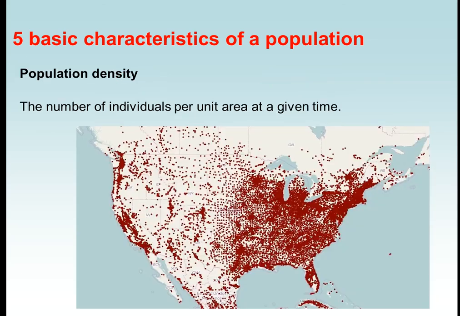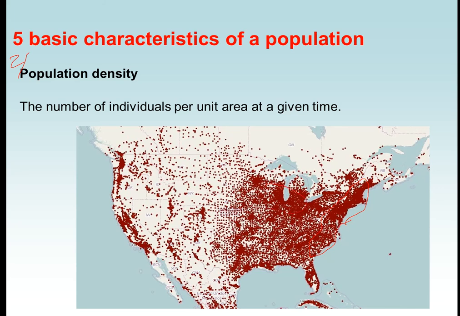So again, just looking at population size. Well, what's the second characteristic? It's population density. If you look, this is the population density in the United States. You can see these dots represent the population counts, and you'll see these areas along the East Coast, and we know that these are very densely populated areas.